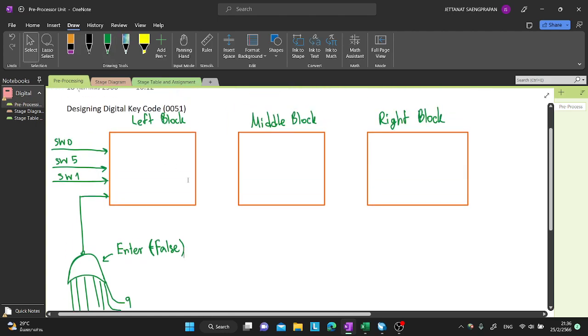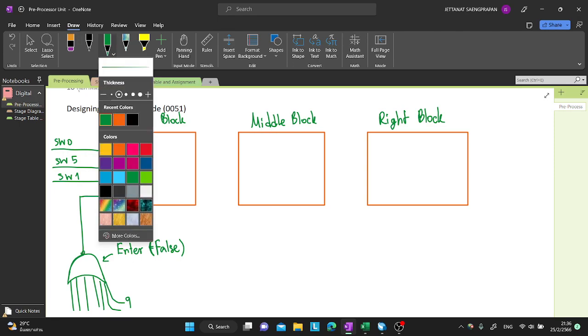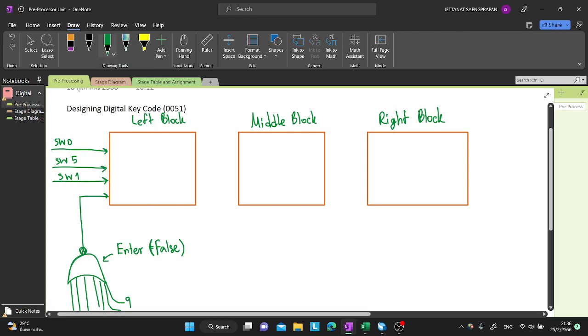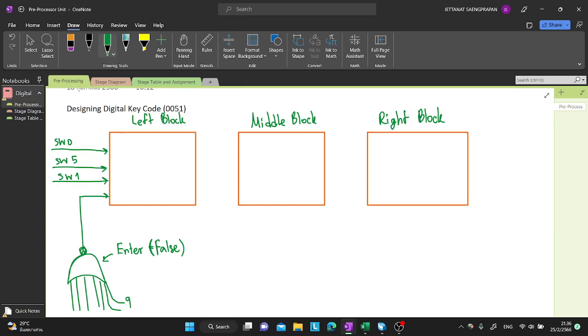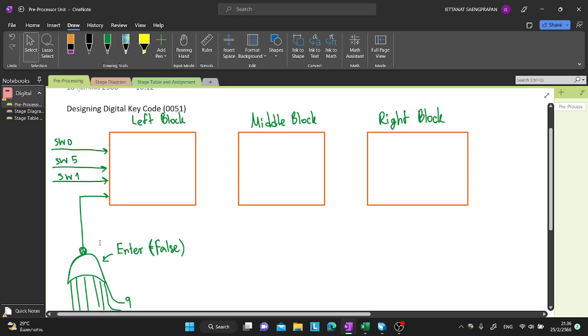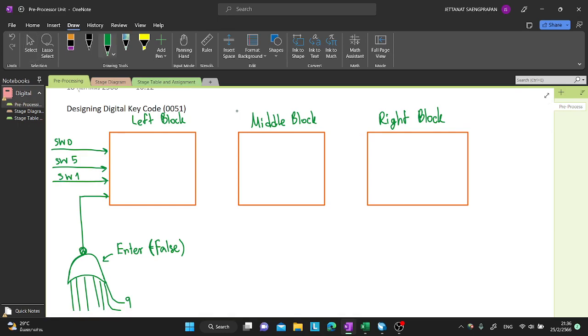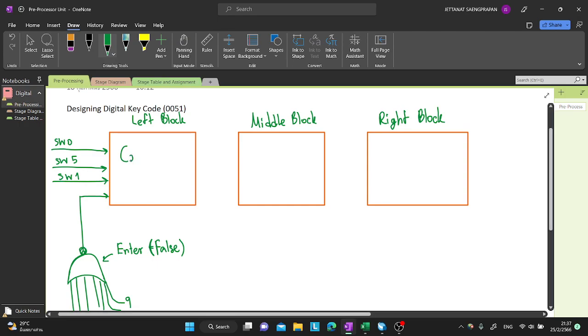As you can see, the enter has a NOR gate because we don't want them to register in this circuit. So the left block is a combination circuit.